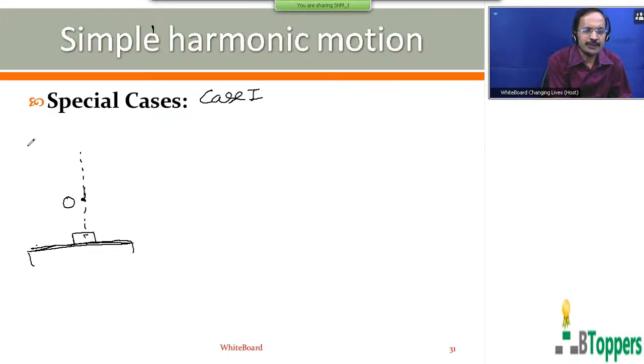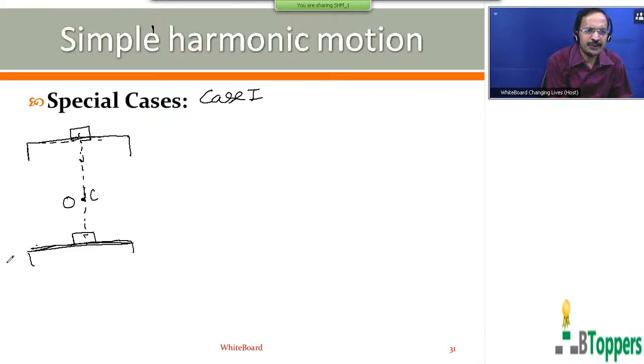So I would like to discuss how to find the apparent weight of the block at the lowest and highest position.